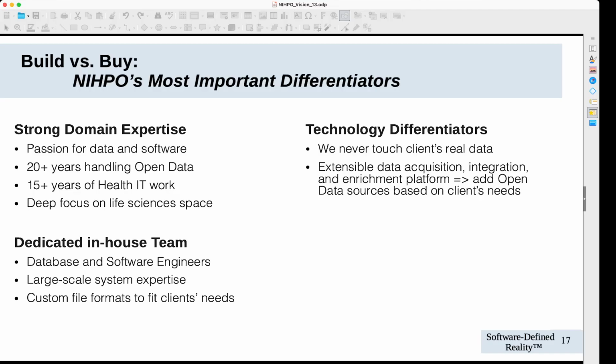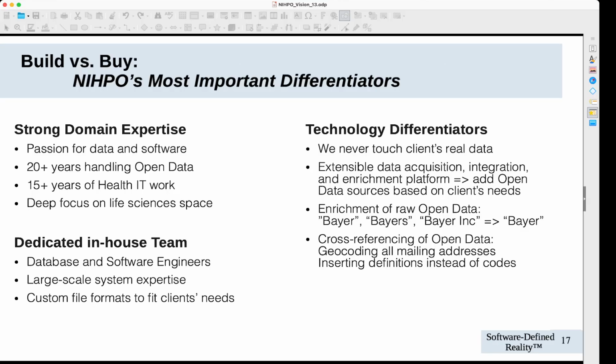We have an extensible data acquisition and integration platform. We can take any data source that's out there from the open data space that matches your real data, and then we can build synthetic data from that baseline. We also enrich open data, specifically in the healthcare space. We do a lot of name harmonization and name mapping.